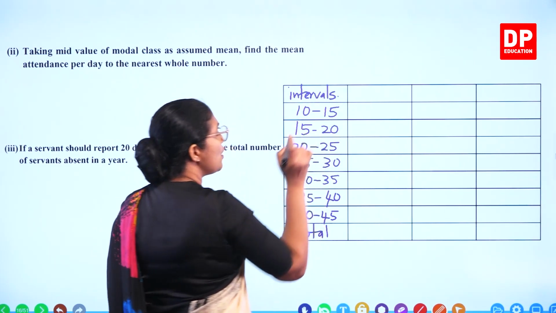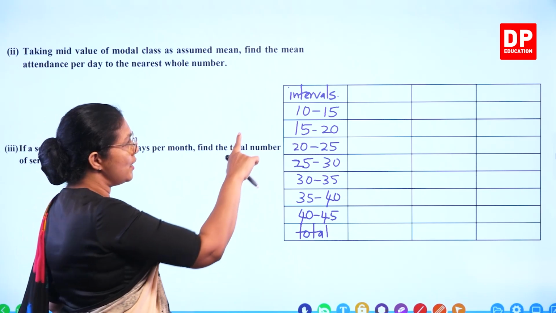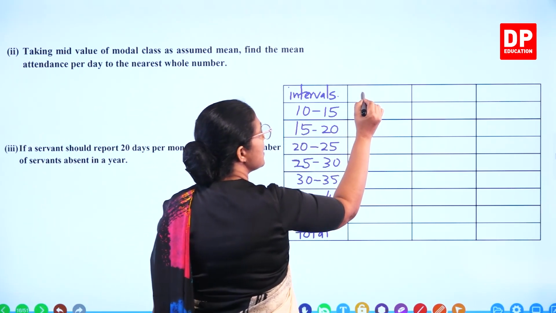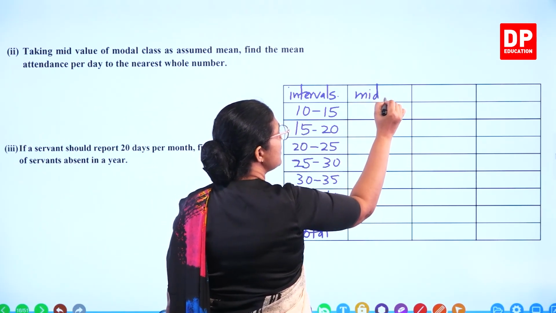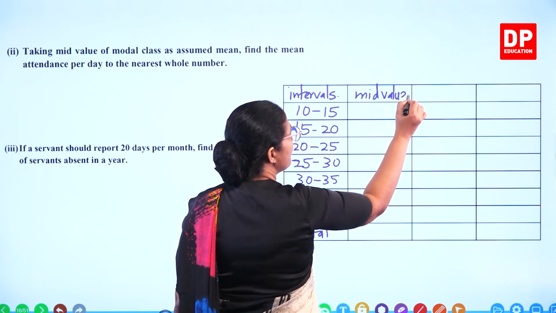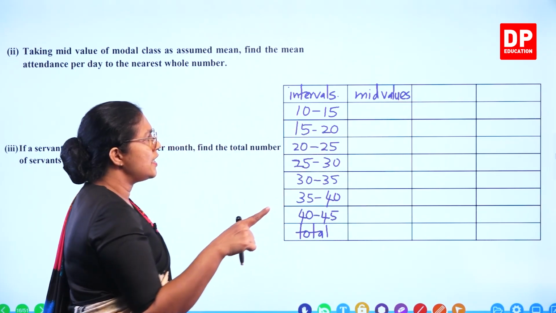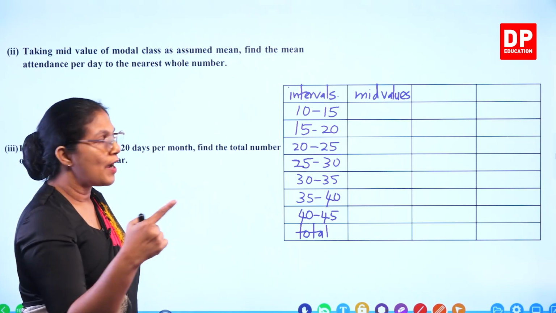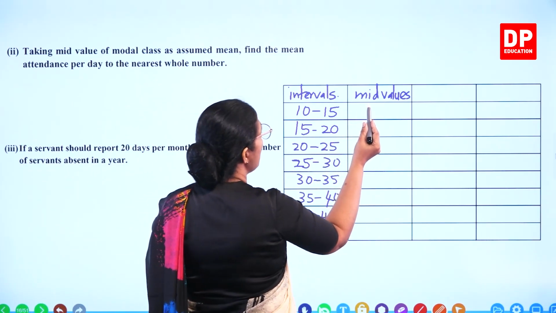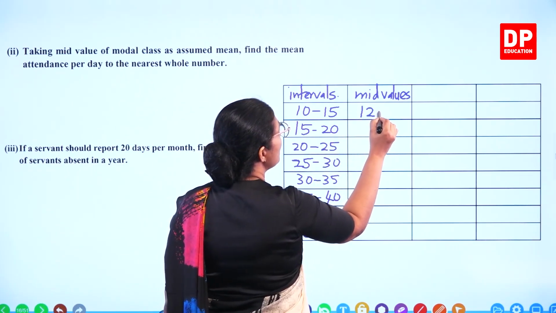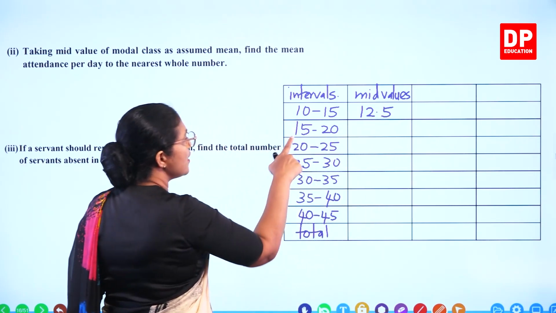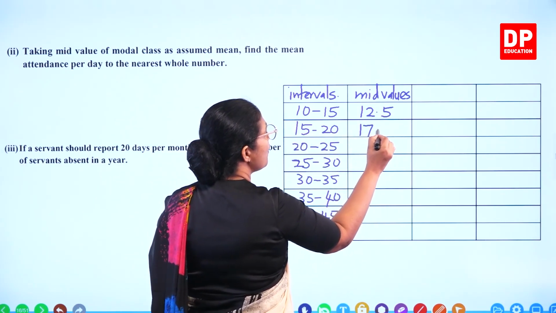And how do you find the mid value? We add the two boundary values and divide by 2. So let's take the mid values. 10 plus 15 is 25, divided by 2. What's the value? 12.5. Likewise here 17.5.